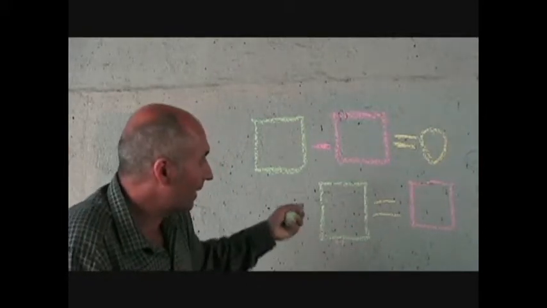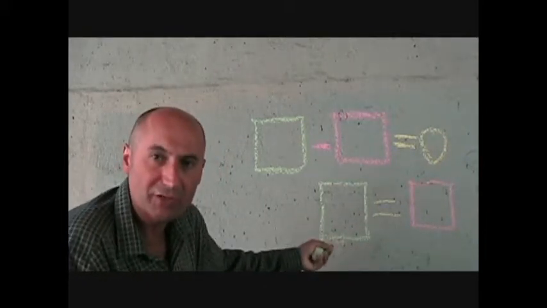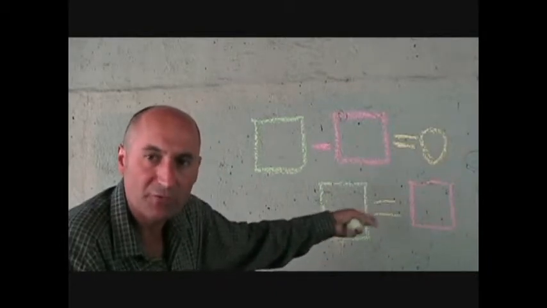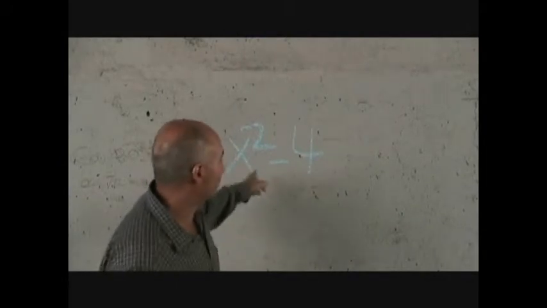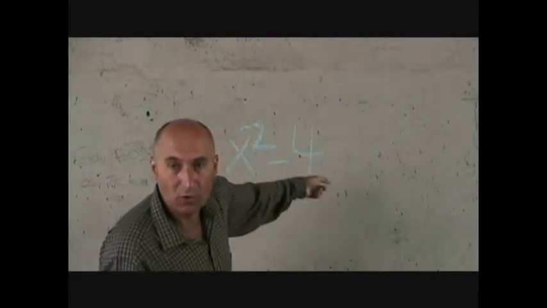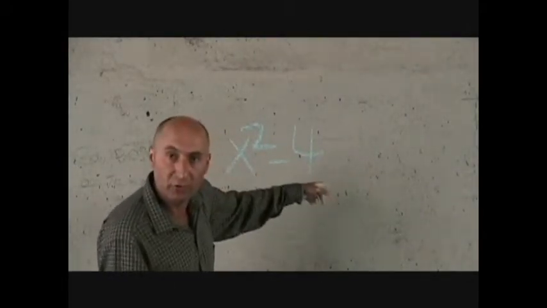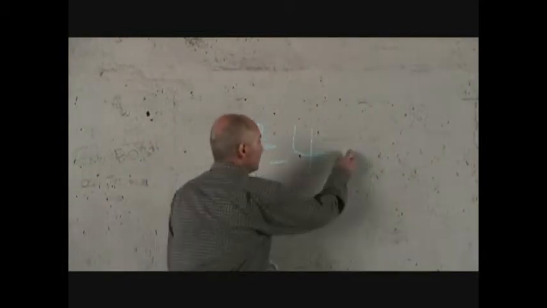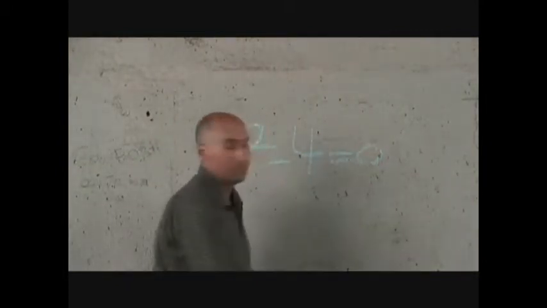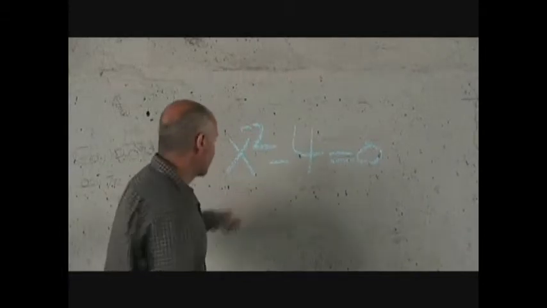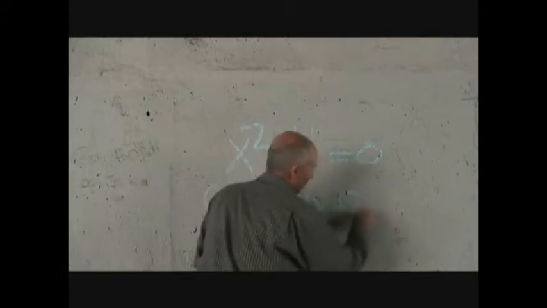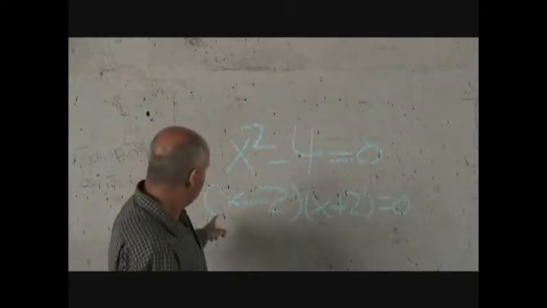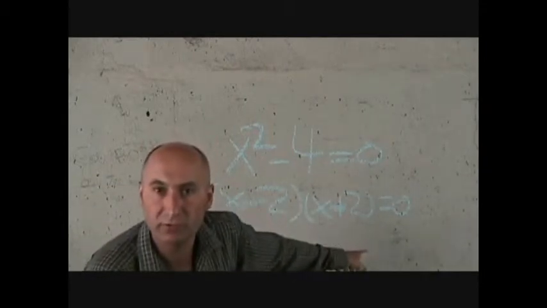So for example, one of the first questions we did was x squared minus 4. We factored that, right? So all we're going to do now is turn this into an equation and go equals 0. If we factor this, we get x minus 2 times x plus 2 is equal to 0.